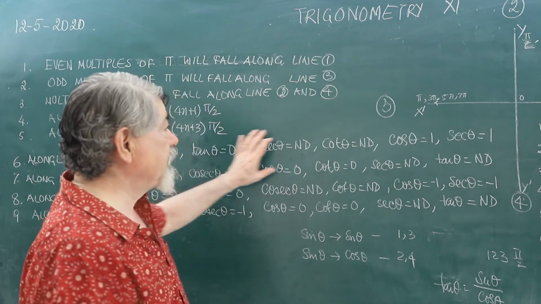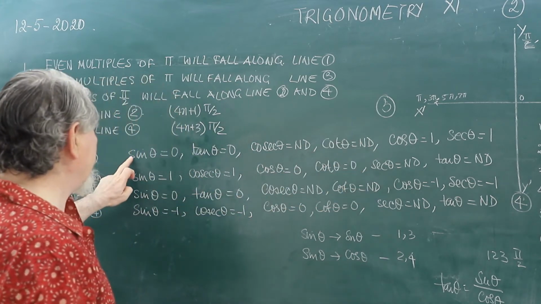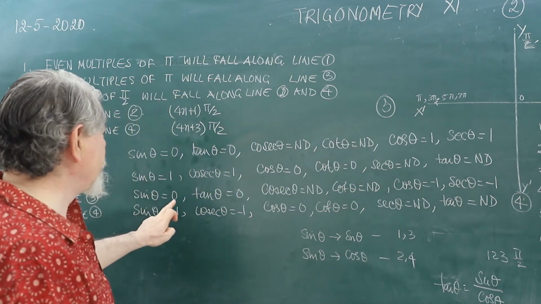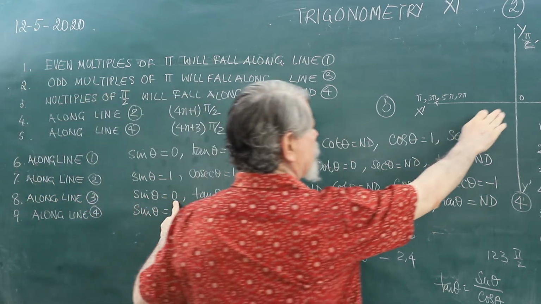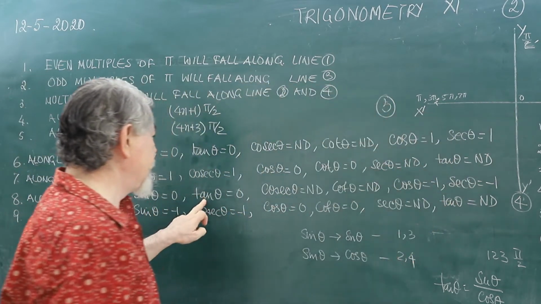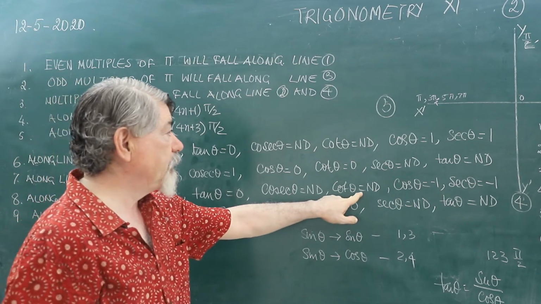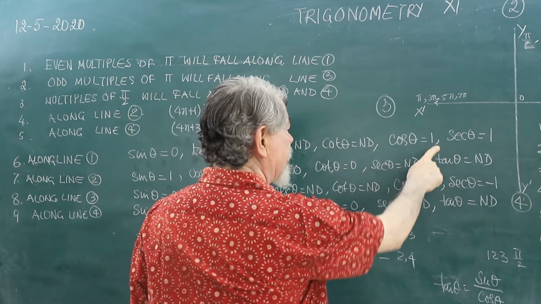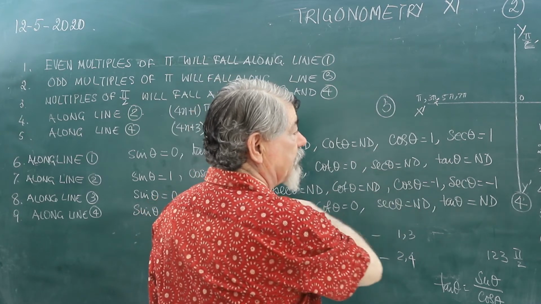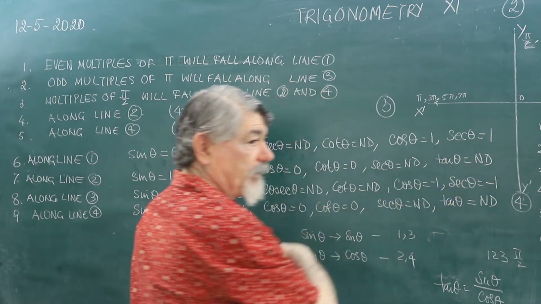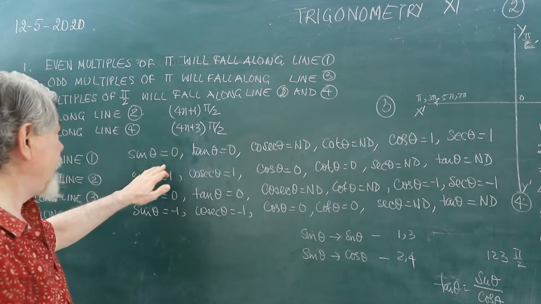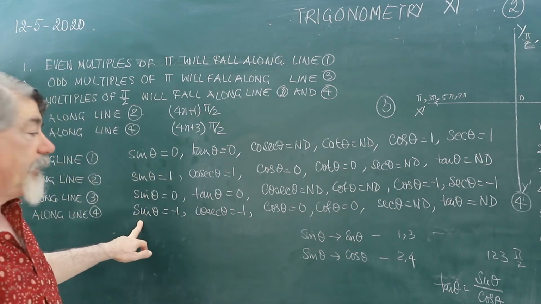On the basis of these two, we can write it. Like sine theta was 0, sine theta will be 0 along this line also, on the opposite side. Tan theta will be 0, cosec theta will be not defined, cot theta will be not defined. Here cos theta was 1, here cos theta will become minus 1. Sec theta will become minus 1. Similarly, from line 2, we can get line 4.